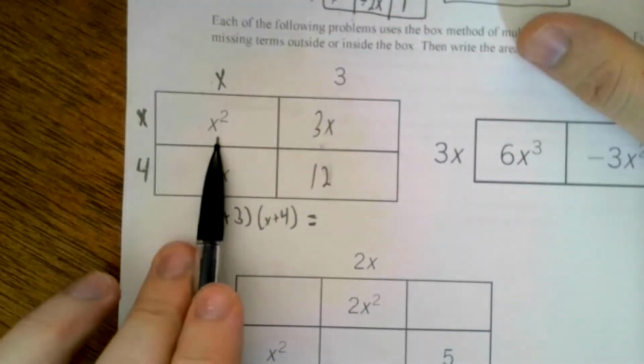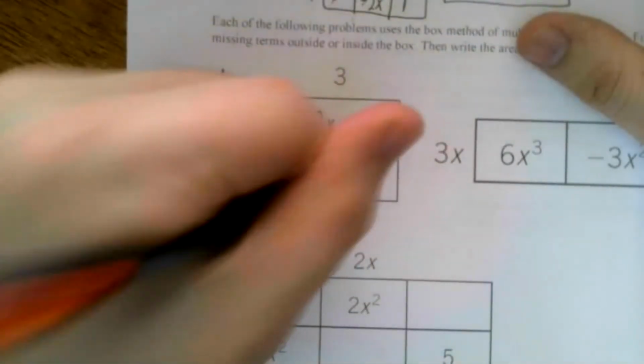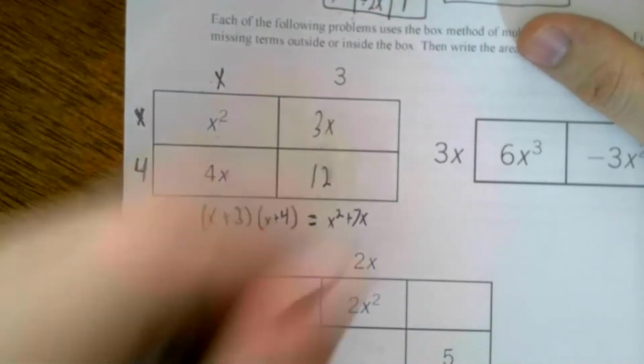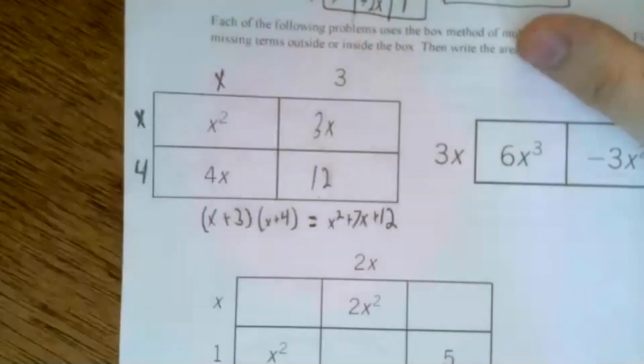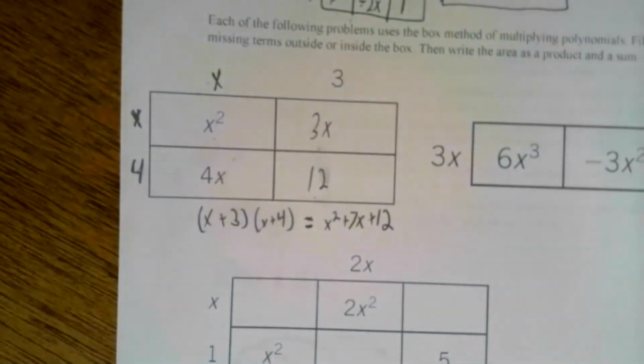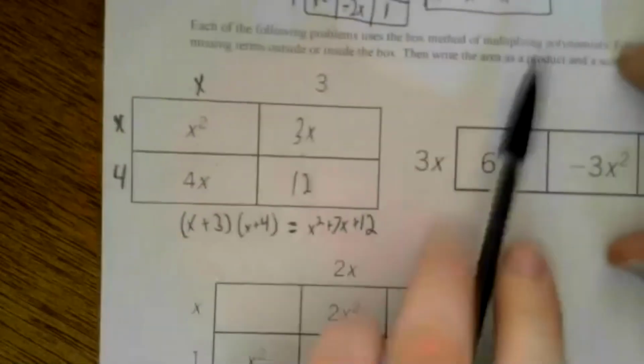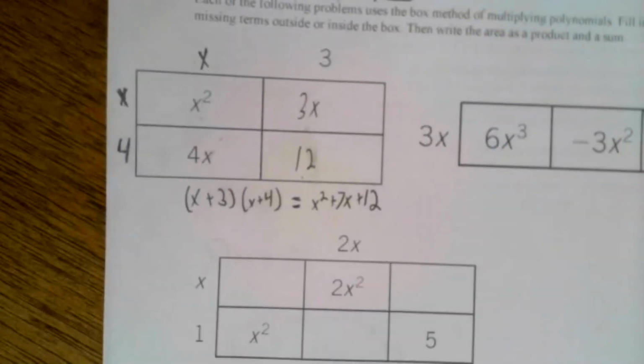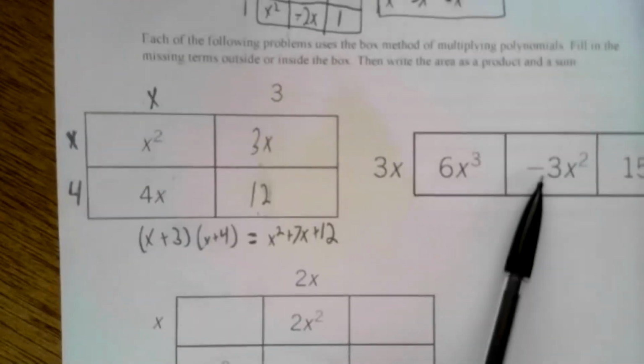So we have x squared plus 7x, if I combine the x terms, and then plus 12. Okay, so that's good on that one. So we wrote it as a product and we wrote it as a sum. Product, sum.